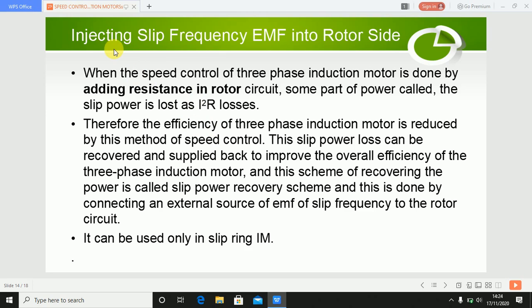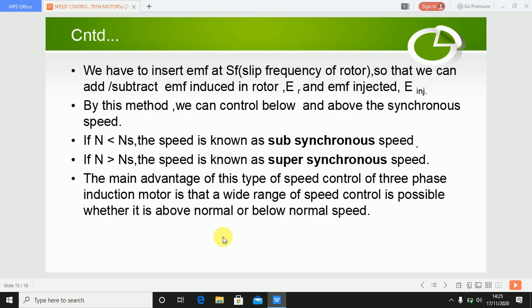In this method, we inject external EMF into the rotor through slip rings, and this method is possible only in a slip ring induction motor. In this, we control the motor speed in two ways, that is below the synchronous and above the synchronous speed.